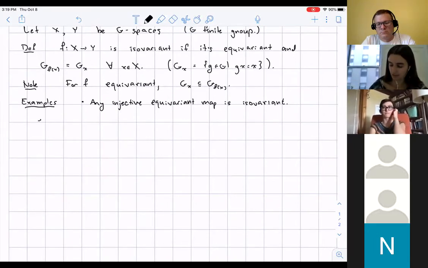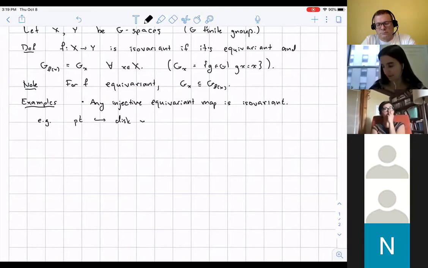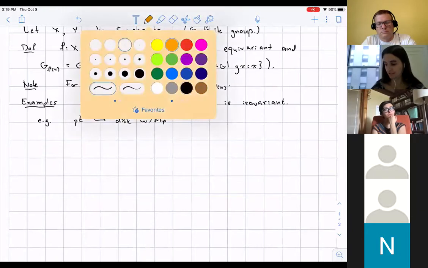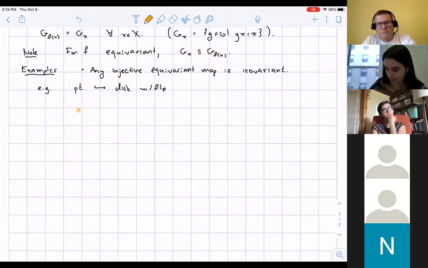So for example, if you're including a point with a trivial action into maybe a disk with flip action, then that's going to be isovariant. So here's maybe a picture for this.